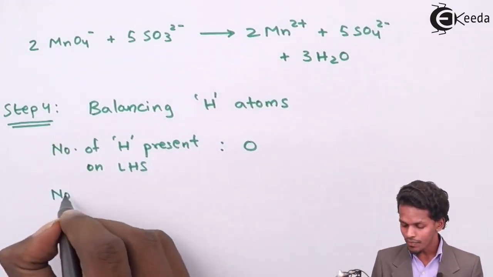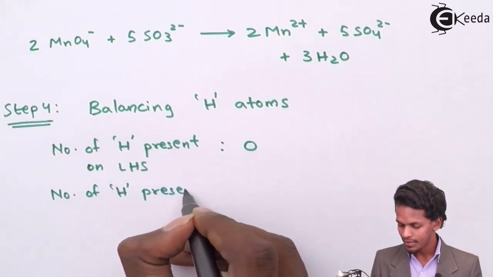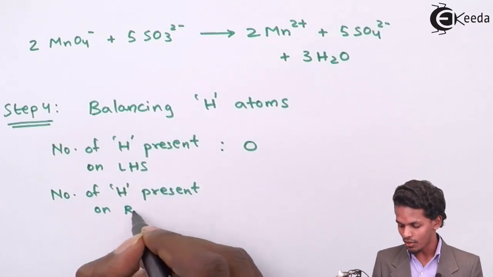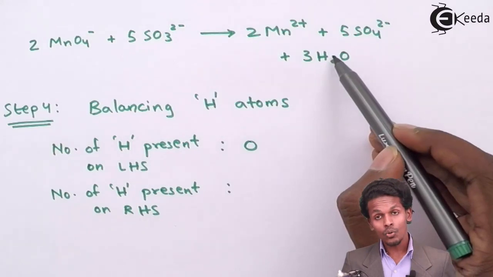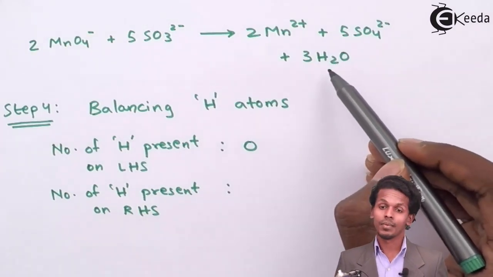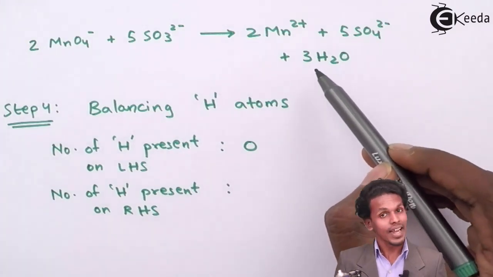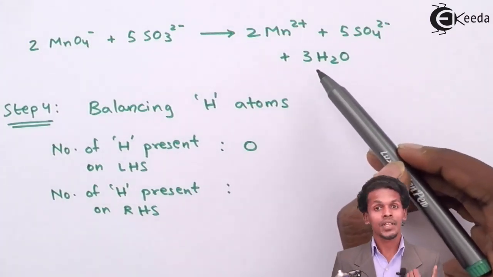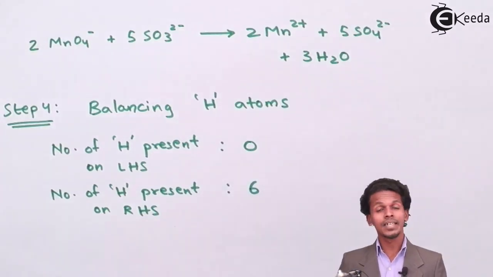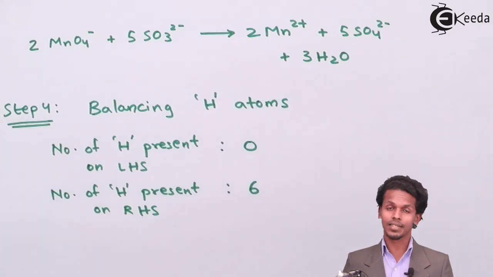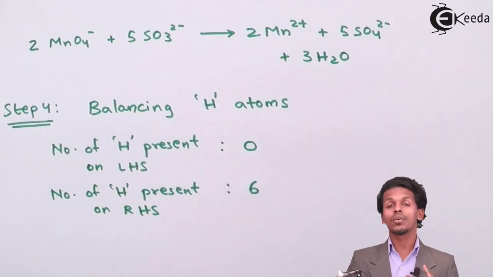While the number of hydrogen atoms present on the RHS, or the product side, is 2 for H2O, but there are 3 moles of H2O, which makes an overall 6 hydrogen atoms present on the product side.